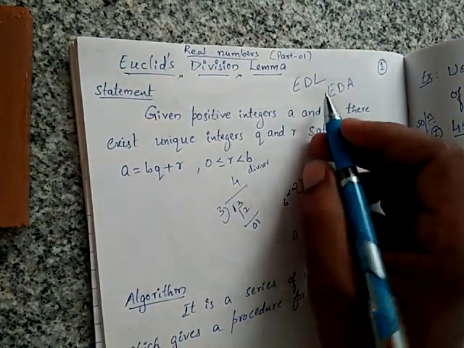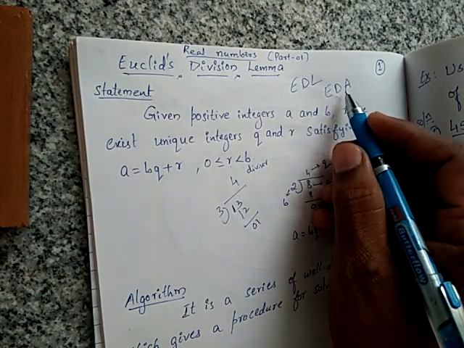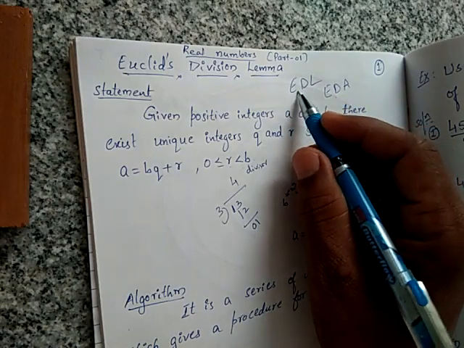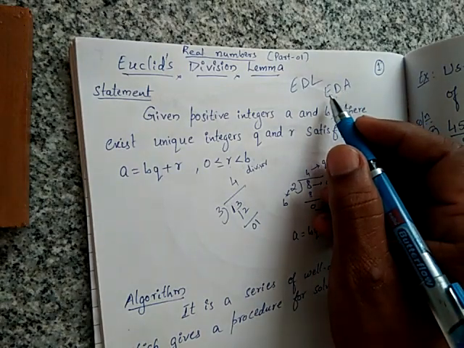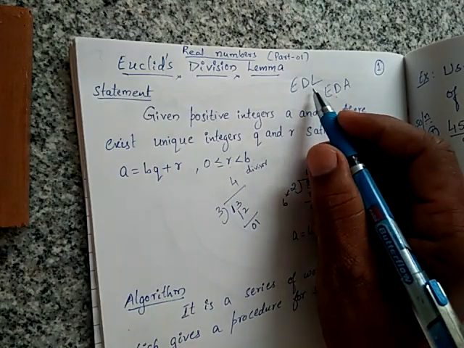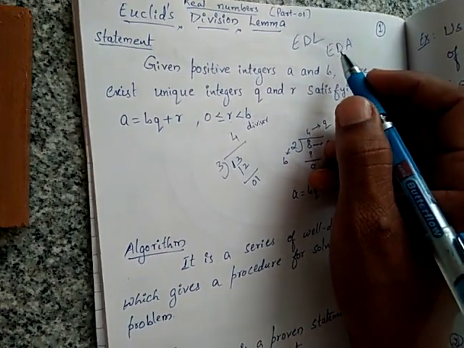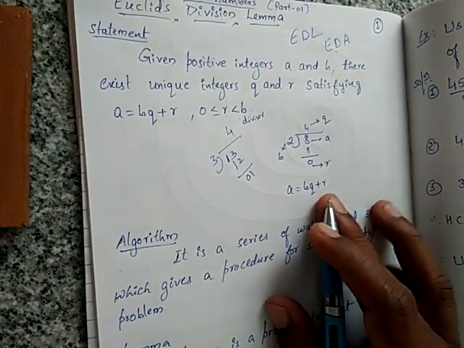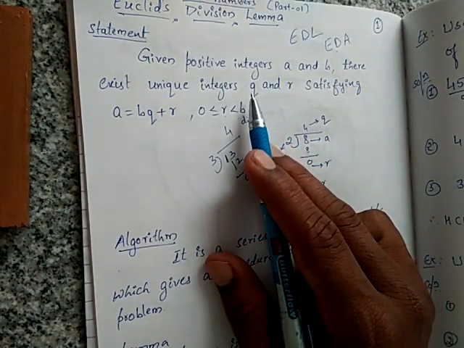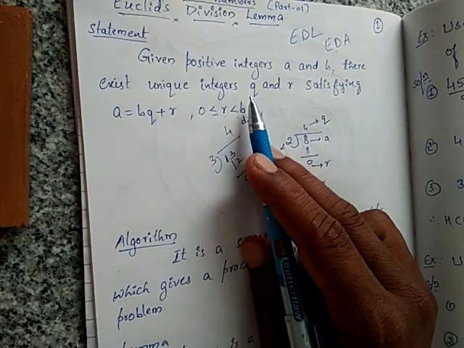Also, EDA means Euclid division algorithm and EDL means Euclid division lemma. The EDL and EDA are closely interlinked. I will take one example to make you understand this statement of Euclid division lemma.